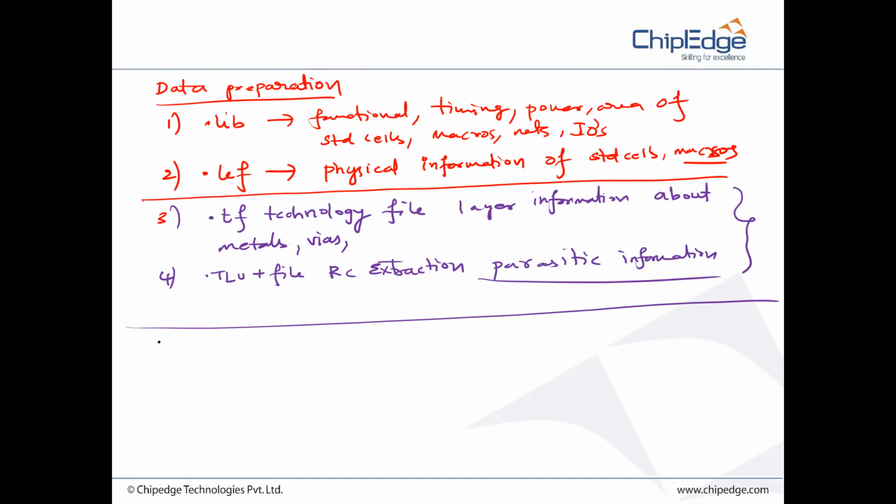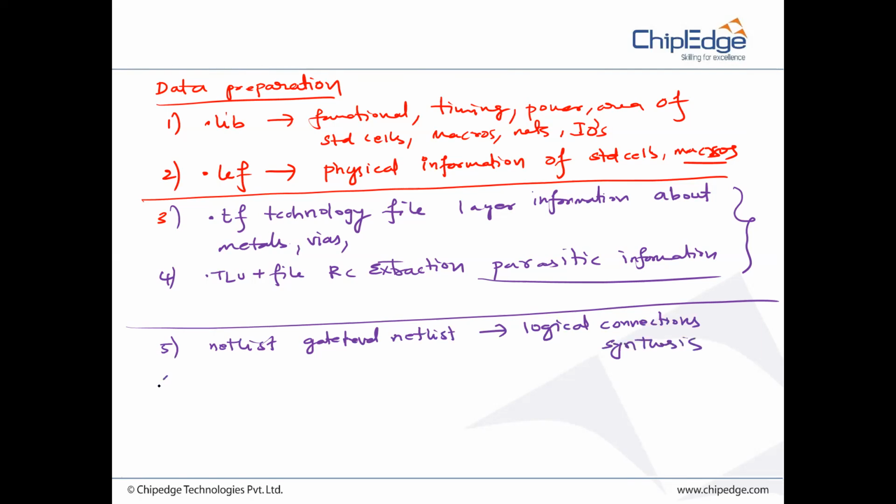Finally, if you come to the design team, you have two more inputs. That is the netlist, the gate level netlist. It has the logical connectivity of the cells, the logical connections. You got this from synthesis, right?